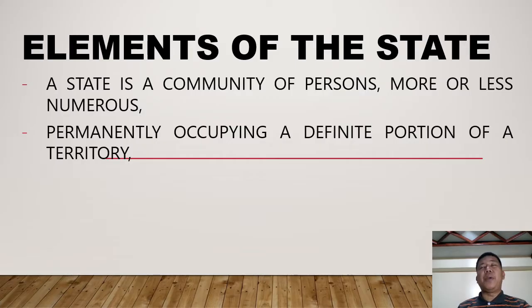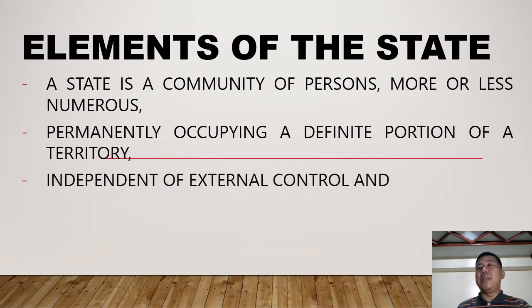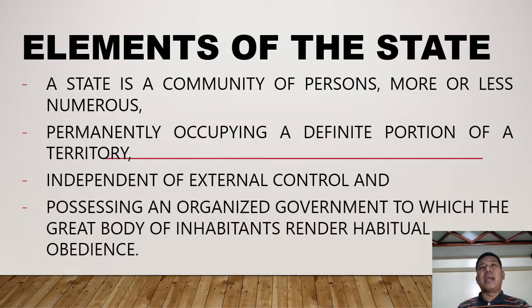Second phrase, permanently occupying a definite portion of a territory. Then it is independent of external control. And number four, possessing an organized government to which the great body of inhabitants render habitual obedience.